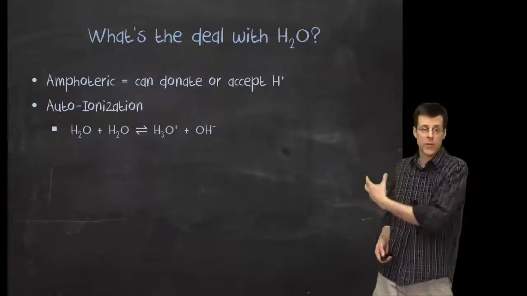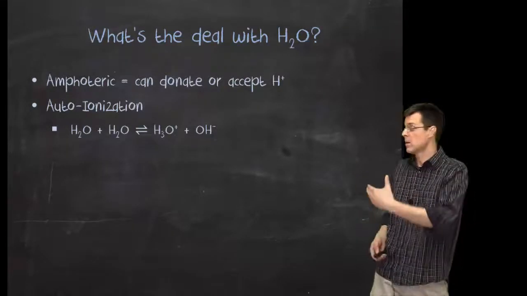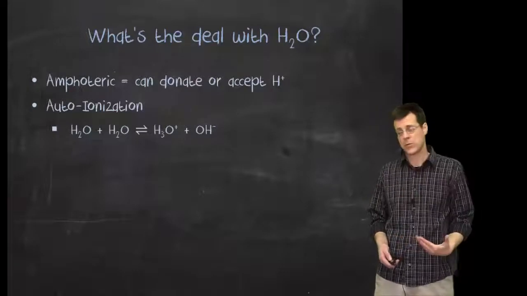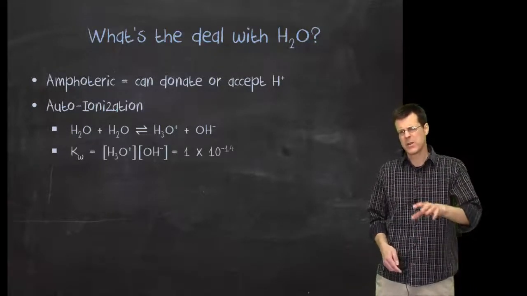So you'll end up with, all by itself, without an additional acid being added, some hydronium ion and hydroxide ion. Now you'll end up with a very, very tiny amount.